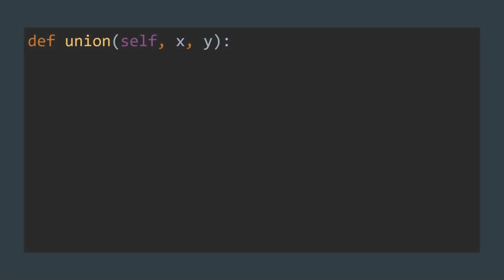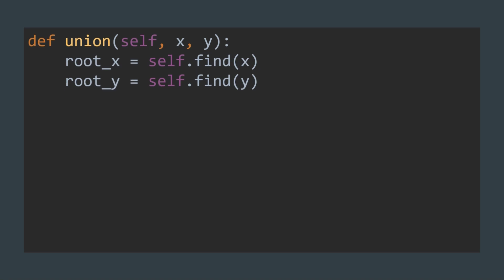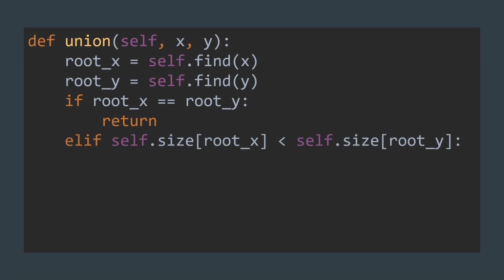And in the union operation, we need to add two things: comparing sizes and updating the size of the tree that got bigger. After calculating root X and root Y, if they're equal, then X and Y are in the same set. Else, we need to merge, so we start by comparing sizes. If the first tree has a smaller size than the second, then the second tree becomes the parent of the first one.